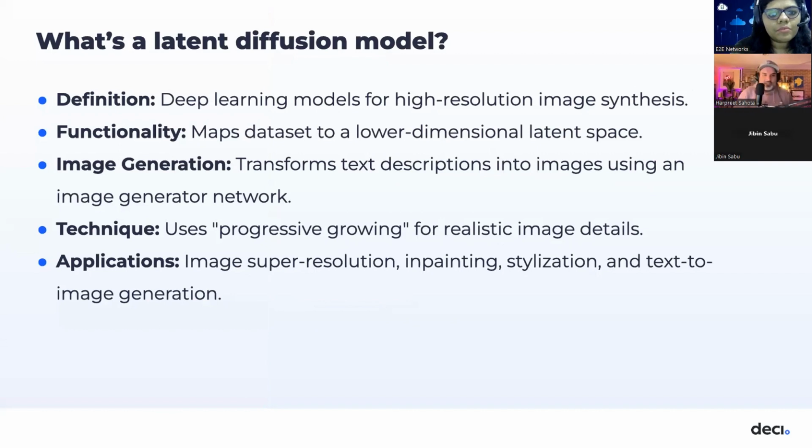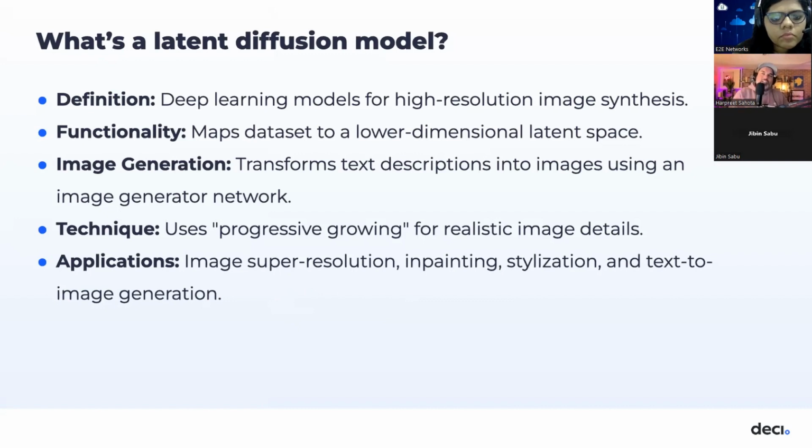Latent diffusion models are actually just an approach for generating high resolution images. At its core, they function by mapping a dataset's underlying structure to a simplified latent space. One of the really awesome features of these models is that you can take a text description and convert it directly to an image, leveraging something called an image generator network.